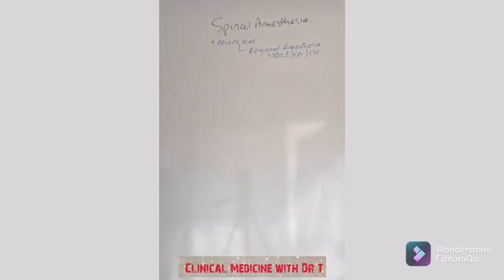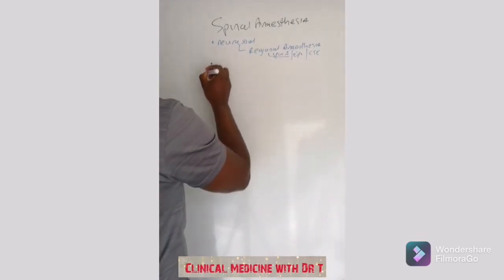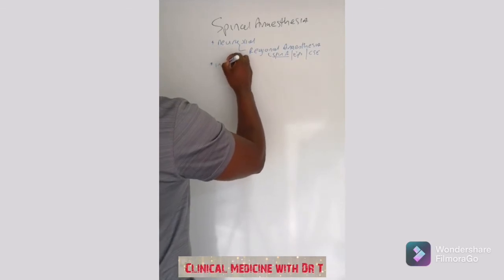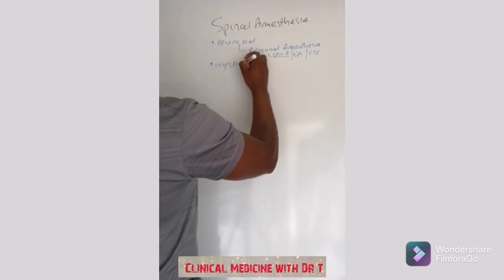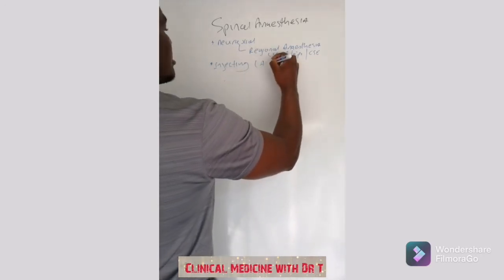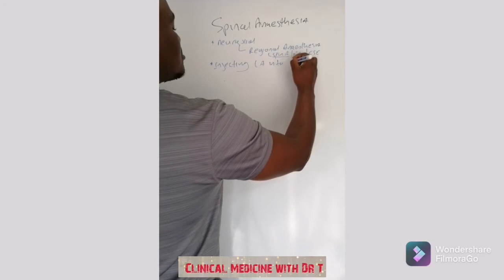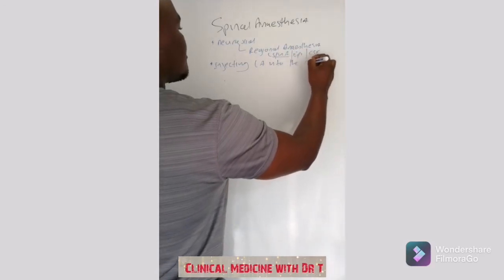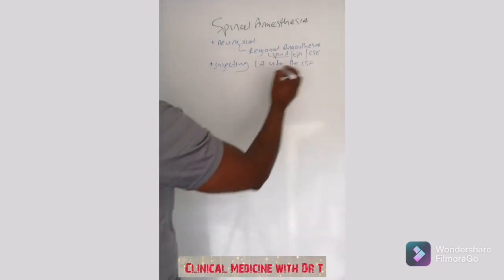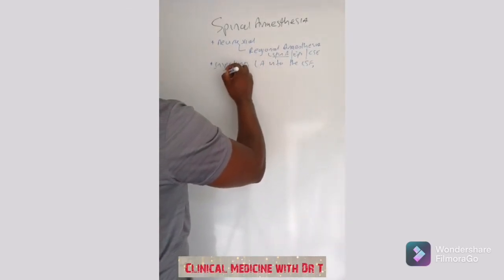So what is spinal anesthesia? Basically, you have a patient, and it's actually injecting a local anesthetic into the CSF of the patient, and you inject in the lumbar spine, around the lumbar vertebrae.